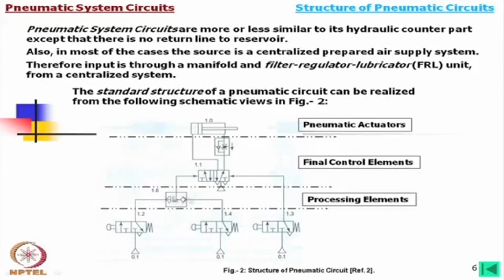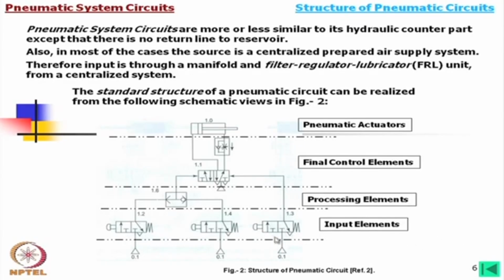What is processing? Here, as a processing element, a solenoid valve is shown, but it may not be a solenoid valve; it may be a regulator, pressure reducing valve, pressure control valve, or flow control valve, etc. Any special control required for such operation will come here, and the processing elements may have some general control valves. These are input elements.